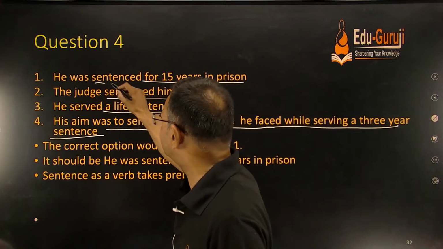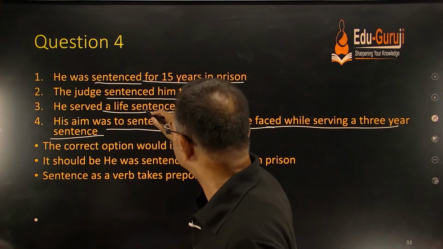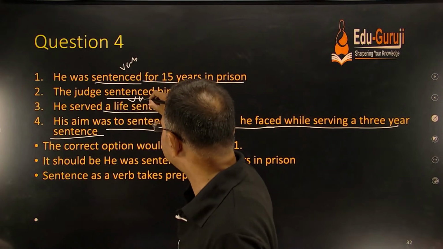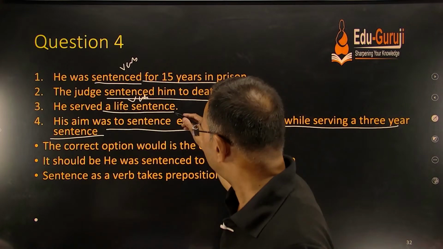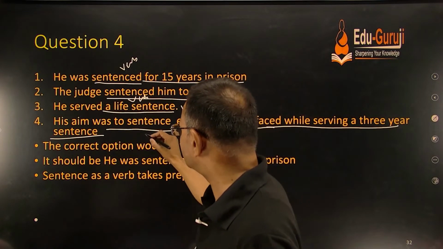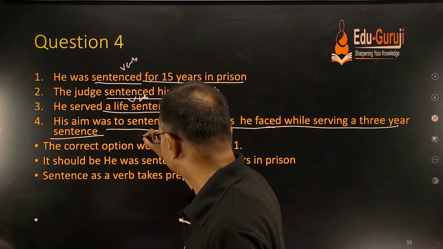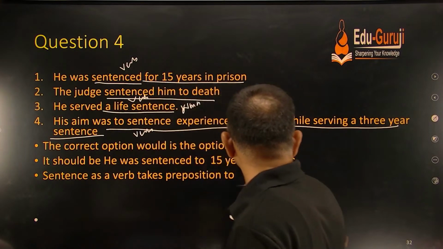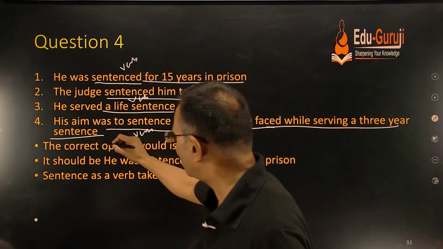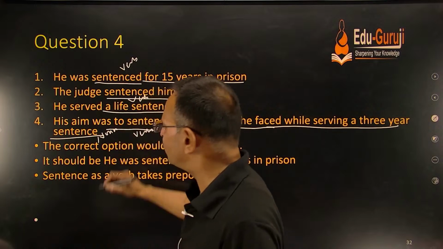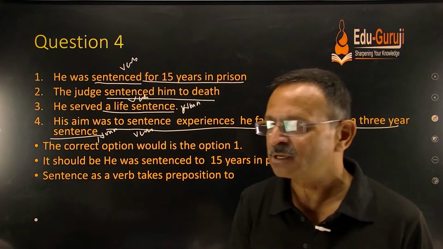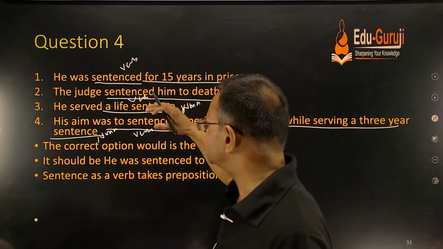Look at how they are used. Here it is being used as a verb. The judge sentenced him, this is also a verb, but here it is being used as a noun. And here it is also used as a verb, and here as a noun. Right, so we have to see. Now we can easily identify which is the correct one and which is the wrong one.